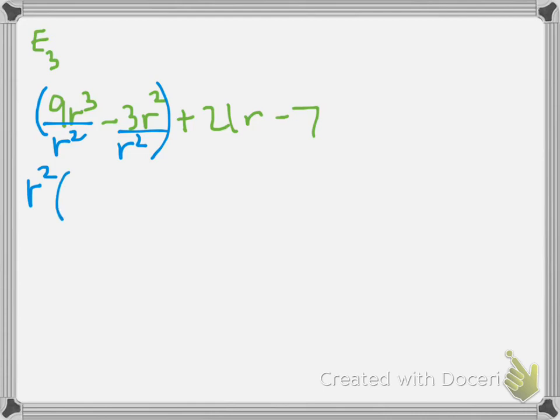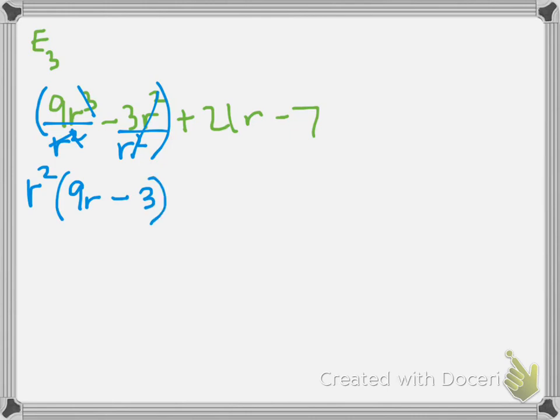And I'm left with 9r. 9 still left. 3, take away those 2, I'm left with 1 on top. Alright, and then these r's cancel. Left with minus 3.